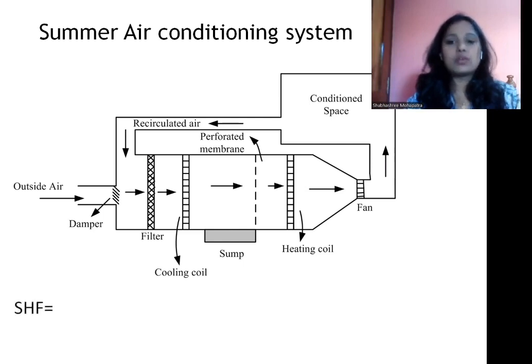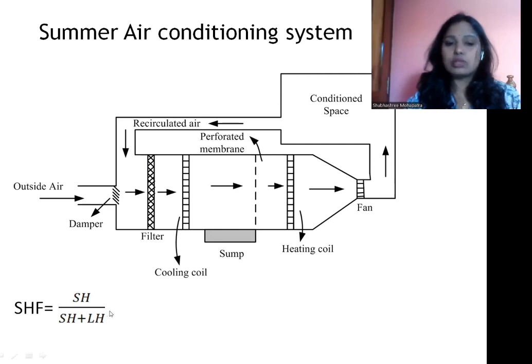Let's discuss it in another way. There is a sensible heat factor for the air conditioning system, and we know the sensible heat factor is the ratio of sensible heat to the total heat. The total heat is the sensible heat plus the latent heat. Here, if the humidity is high, maximum moisture is removed, so the latent heat load increases.